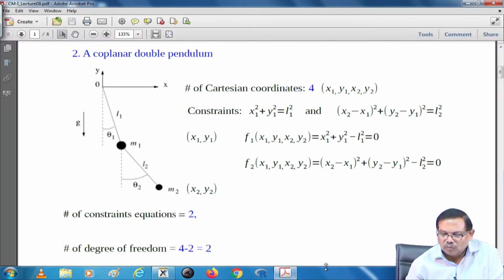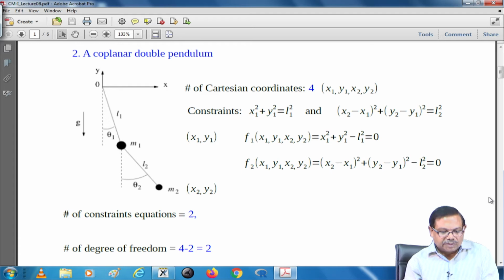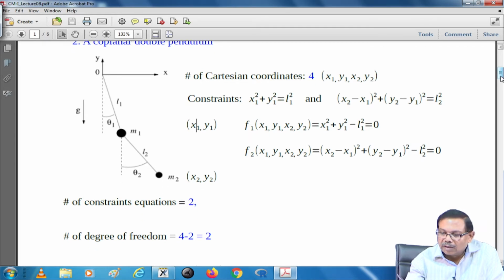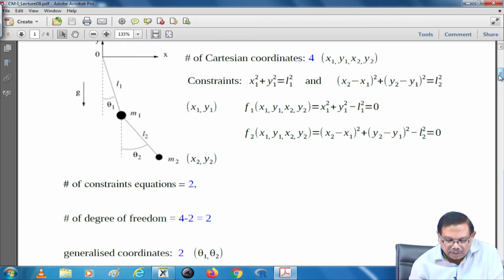So, we have 2 constraint equations for the system, and if we look at the Cartesian coordinate system, we require 4 coordinates. So, degrees of freedom is the number of coordinates minus the number of constraint equations. So, 2. If we choose generalized coordinates properly, then we will require only 2 independent coordinates.